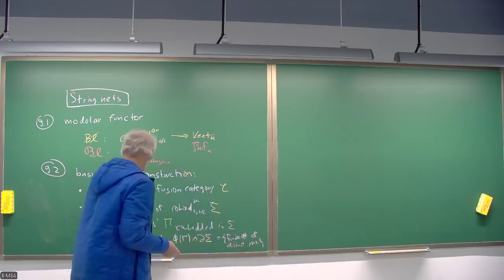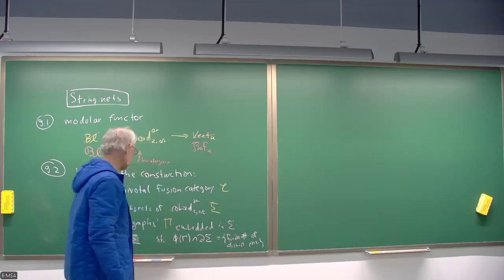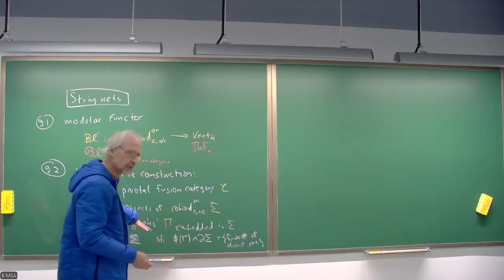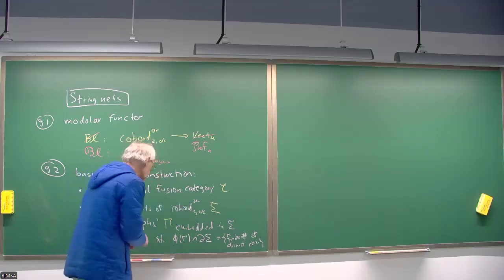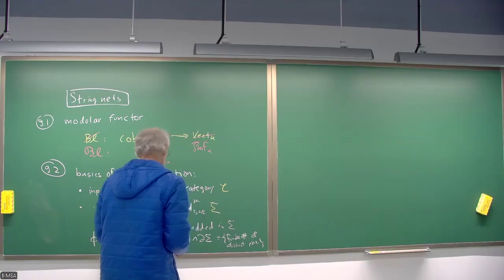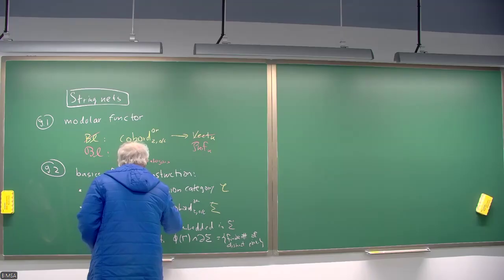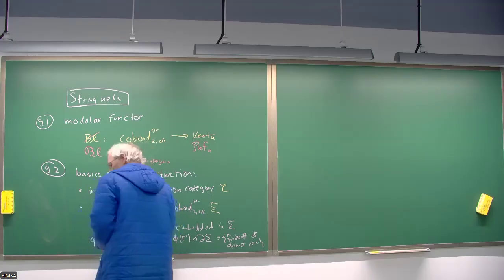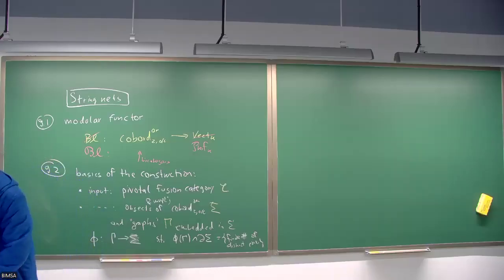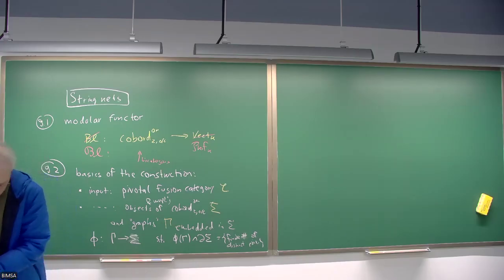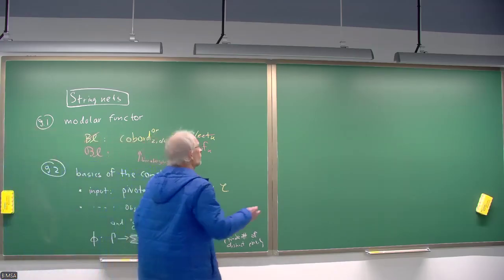So the objects here are, I said, surfaces. The objects are one-manifolds. Objects, I should say, and morphisms. Strangely enough, I didn't say this here precisely. And so what does this look like?